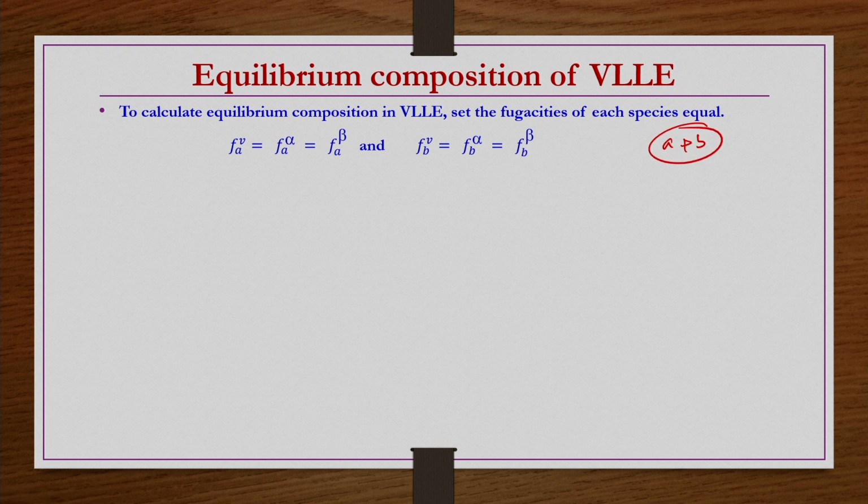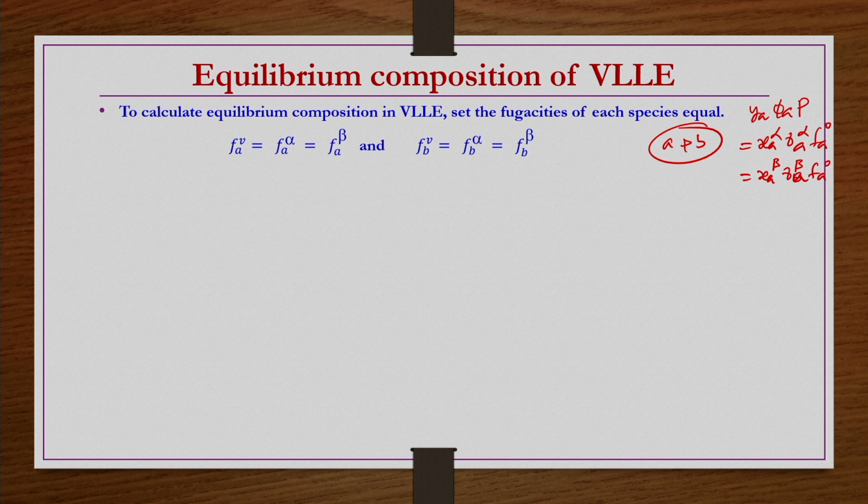Now, the generalized one: YA Phi A P is equal to XA alpha gamma A alpha FA naught is equal to XA beta gamma A beta FA naught.